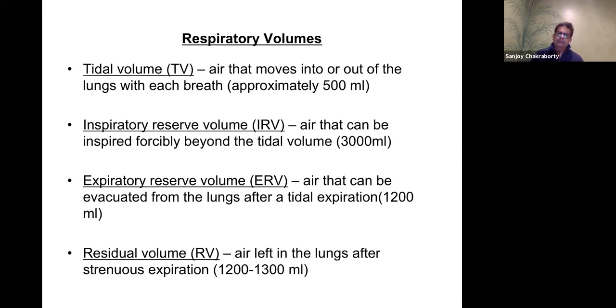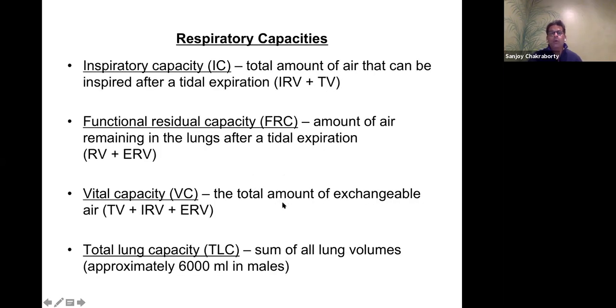Same thing in the lung. This 1300 remains in the lung all the time. This 1200 is still in the lung, but if you want, you can take it out. So 1300 plus 1200 is 2500 ml of air that normally stays in the lung. Together we call that functional residual capacity, FRC, or functional residual volume, FRV. Some books use the word FRC, some books use FRV.